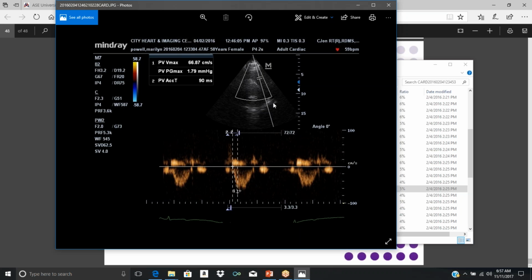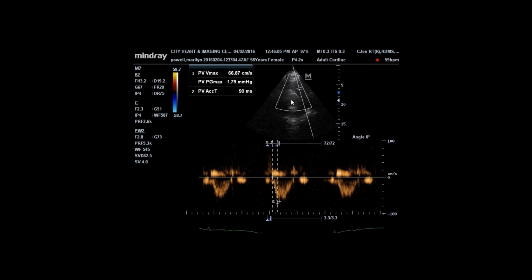Okay. Now we have the short axis at the level of the aorta, and the cursor is across the pulmonic valve. Sample volume is right at the right ventricular outflow tract, and you get this pattern, okay? Your transducer is right there.